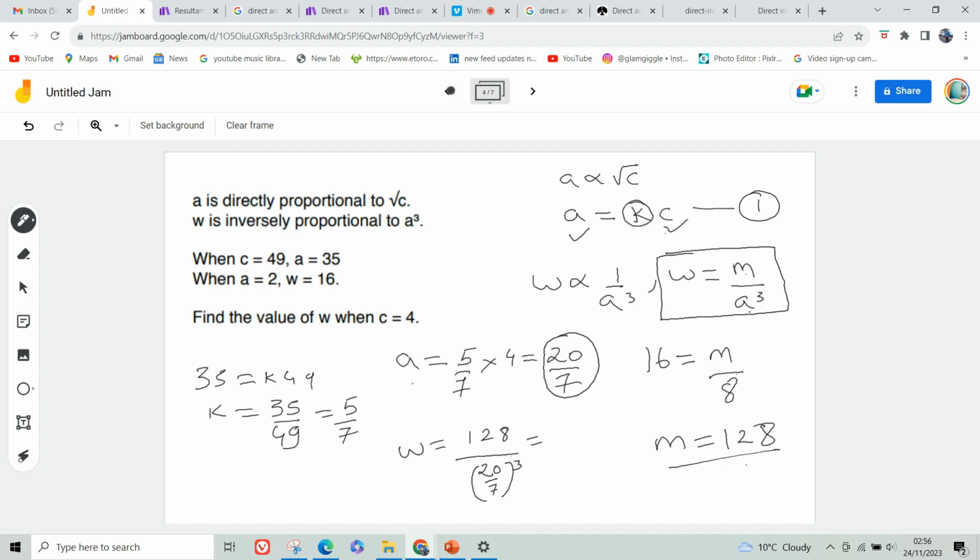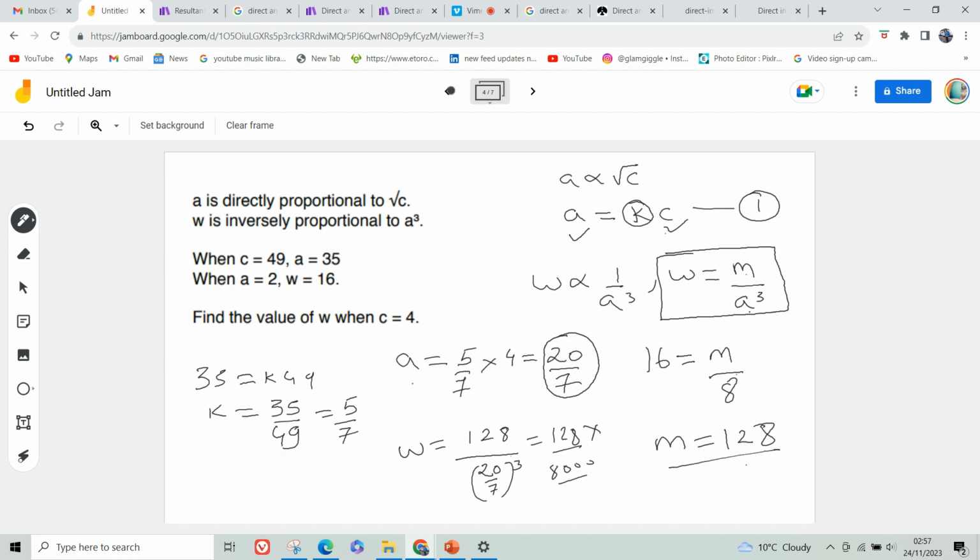Now simply, you can write it as 128 over 8,000 over 7 cubed is 343. This whole fraction is on the denominator, so if you want to, you can flip it.